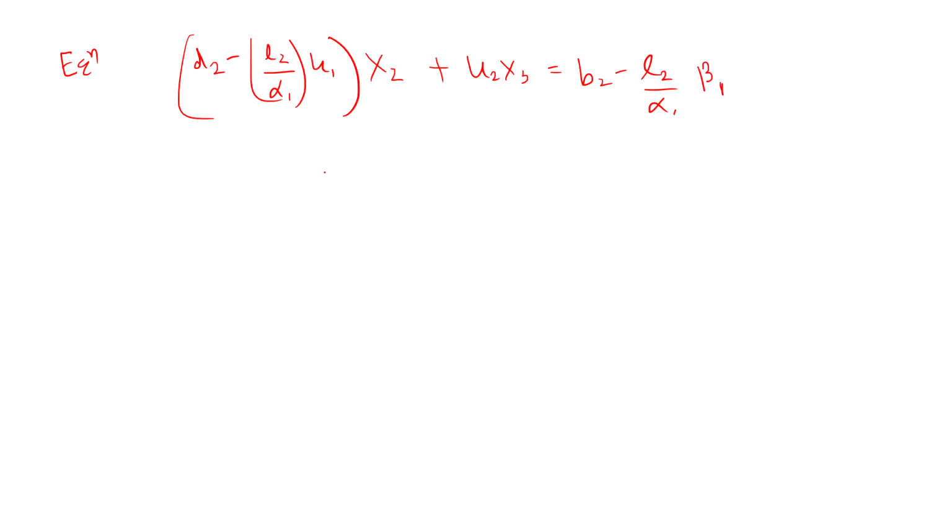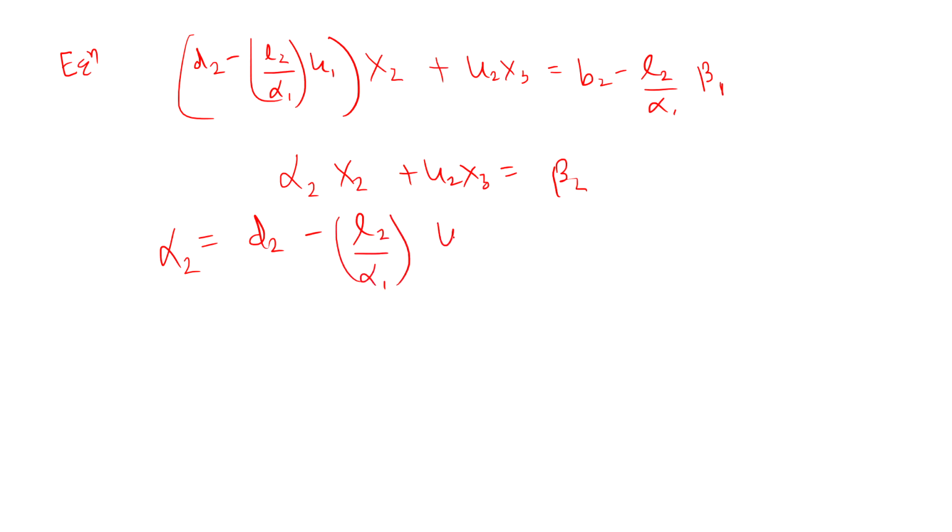Now let us write this as alpha 2 x2 plus u2 x3 is equal to beta 2, where alpha 2 is nothing but d2 minus L2 upon alpha 1 u1, and beta 2 is nothing but b2 minus L2 upon alpha 1 times beta 1.